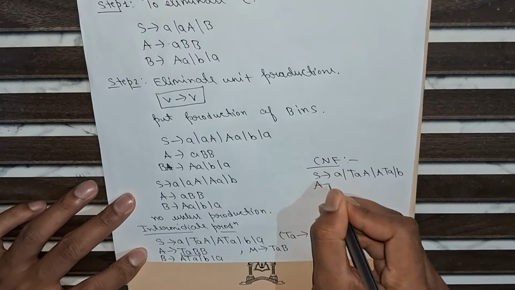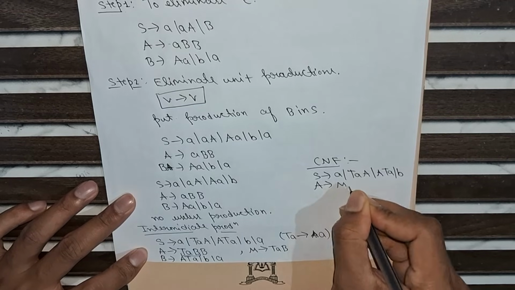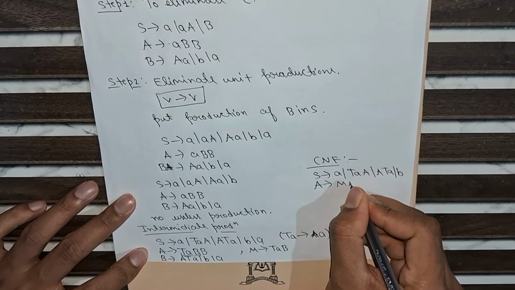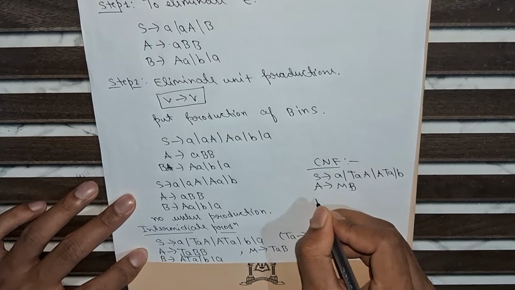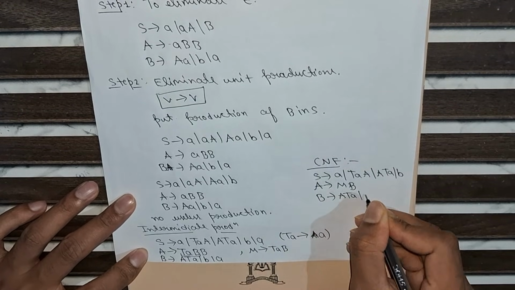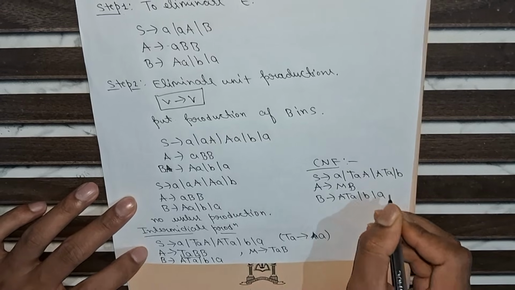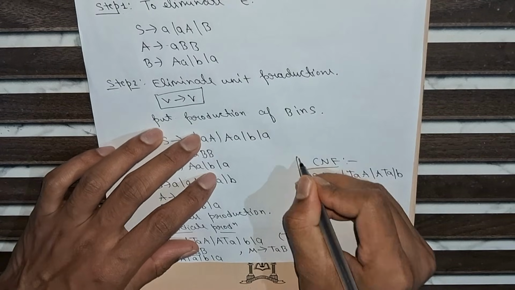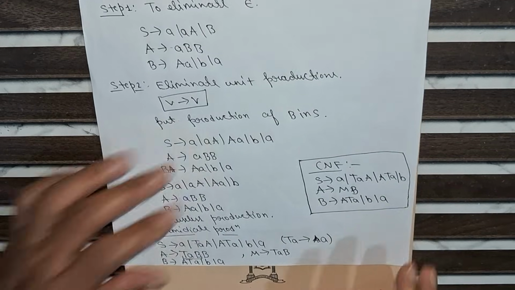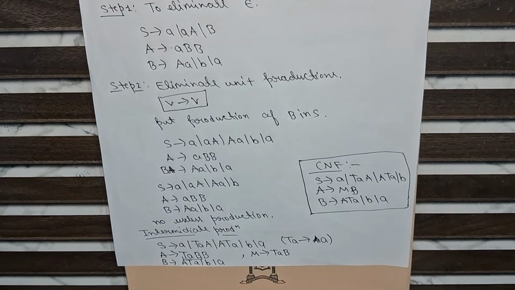Now A variable implies M, where M is nothing but Ta B. Now M and B. Now for the B production, A Ta, B and A. Now the whole thing is covered in this Chomsky Normal Form, and it follows both the conditions to be a CNF. So like this, you have to convert the given grammar into a Chomsky Normal Form.